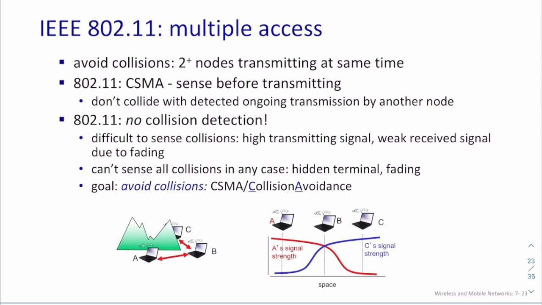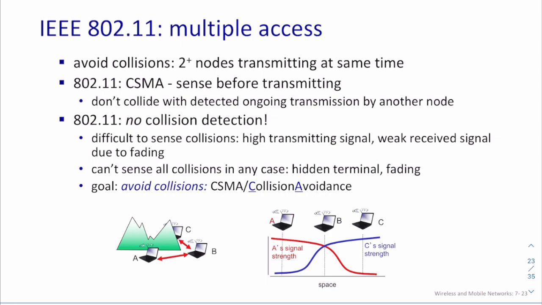So CSMA, sense before transmitting, cannot guarantee that collision will not happen. So we should have some new mechanism to deal with the hidden terminal problem, because the collision signal may not be sensed by all the other hosts in the BSS.